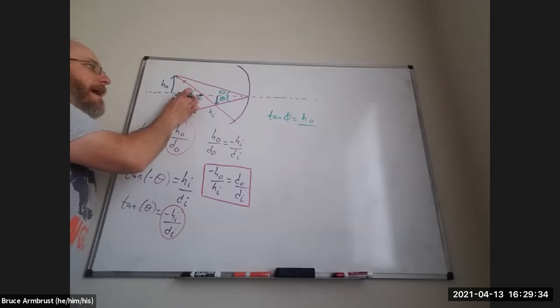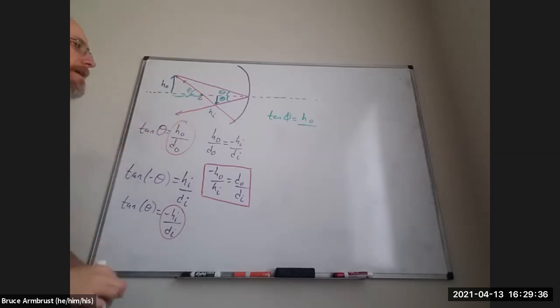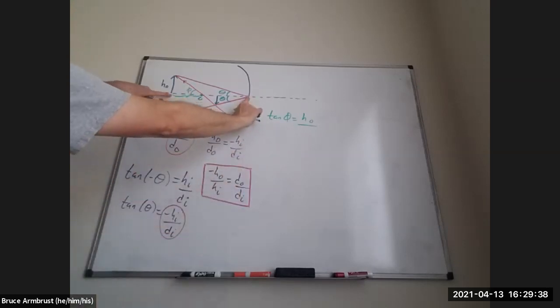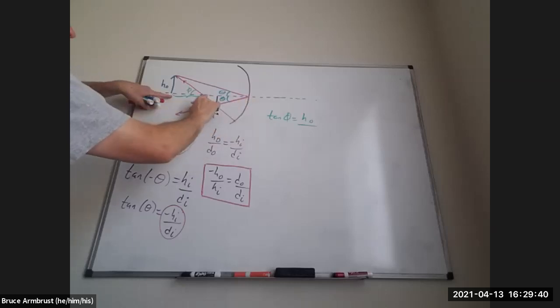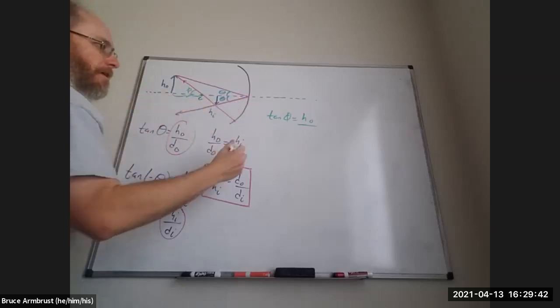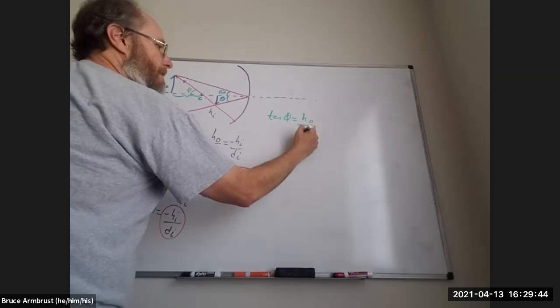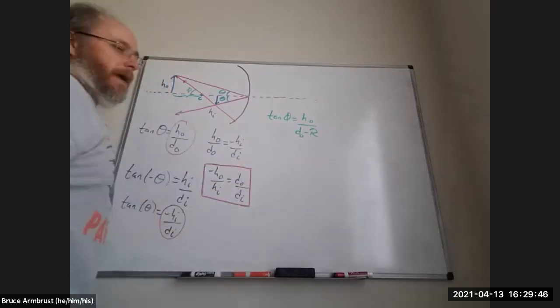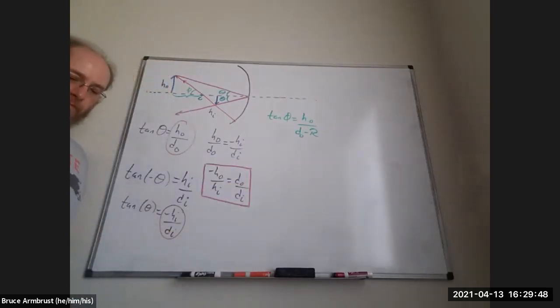Well, if I want that length, I can take the entirety of the object distance and subtract off the distance to the center. So this is going to be DO minus R. All right, so that's the tangent of phi, at least in terms of those quantities.